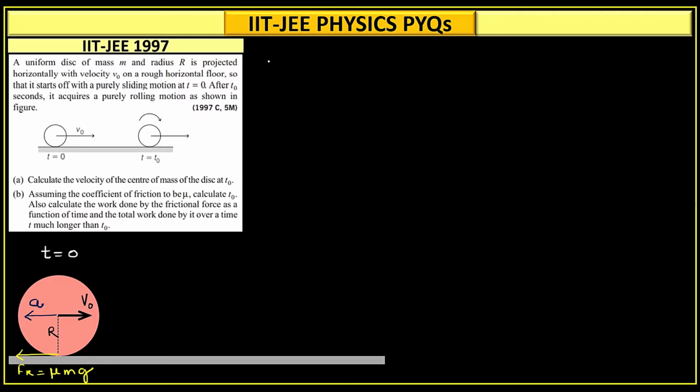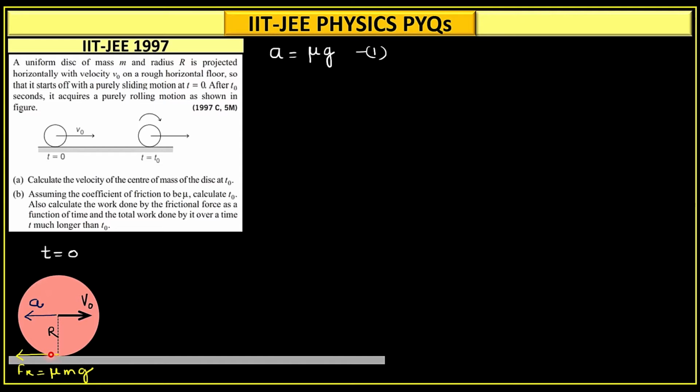This acceleration will be a equal to F net by M. So F net is mu mg divided by M, which is mu g. So mu g is the acceleration of the center of mass in the backward direction. This acceleration will serve as a retardation because it is opposite to the direction of velocity of the center of mass.